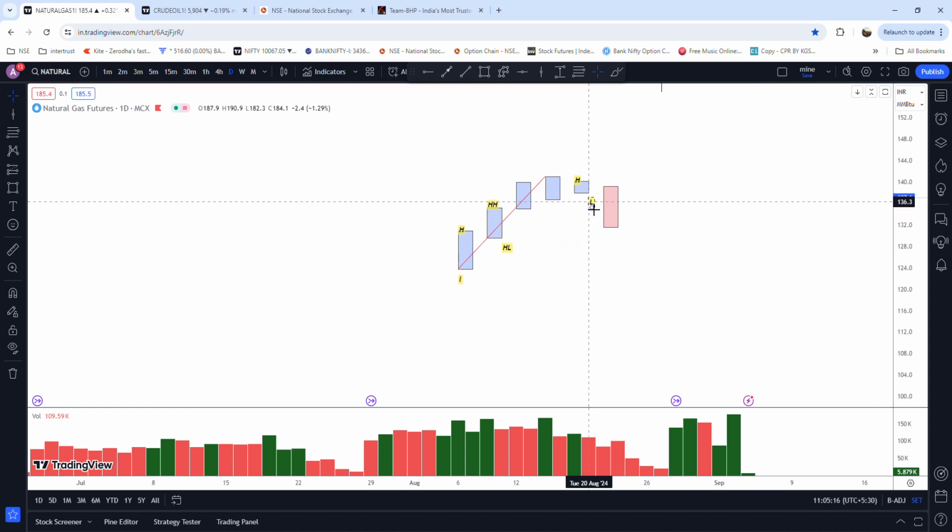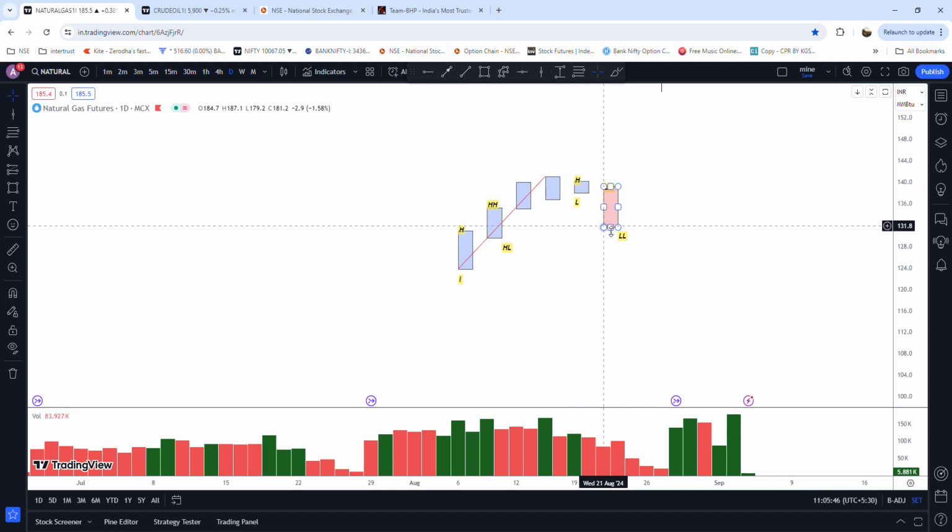This particular candle is making a lower high and a lower low. Lower high because this candle's high is lower than the previous candle's high. Lower low because this candle's low is lower than the previous candle's low. Now we see a change in direction.